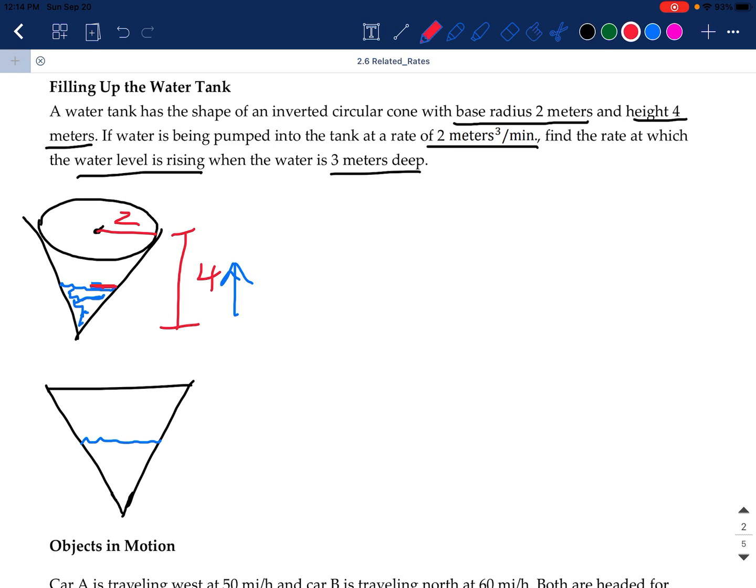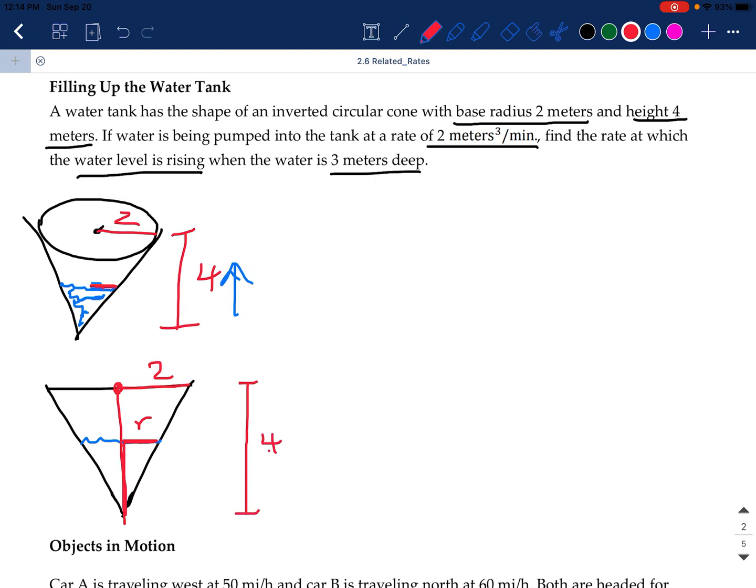So let's go ahead and label this a little bit. We'll just note at the top it is 2. But at this water level section that we're at, it's just r. It's not a specific value. That's our changing variable. And then for the height it is 4.